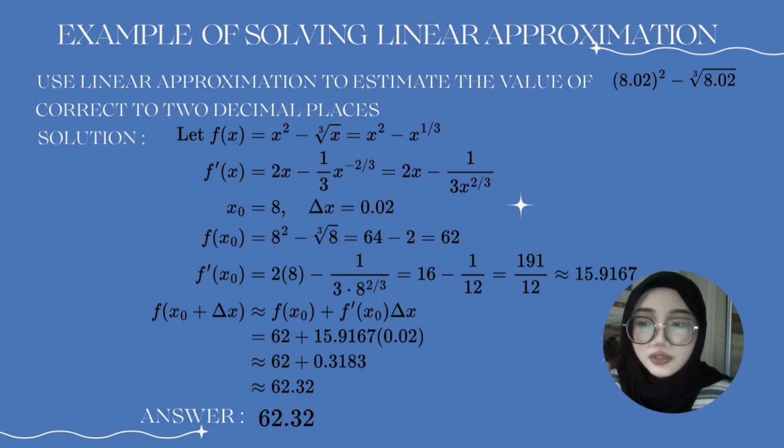Then we add 62 plus 0.3183 to get 62.32. So using linear approximation, the value of 8.02 to the power of 2 minus the cube root of 8.02 is approximately 62.32, correct to 2 decimal places. So that's all for question 4.